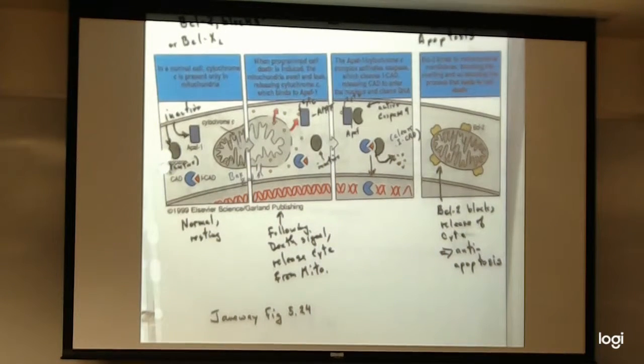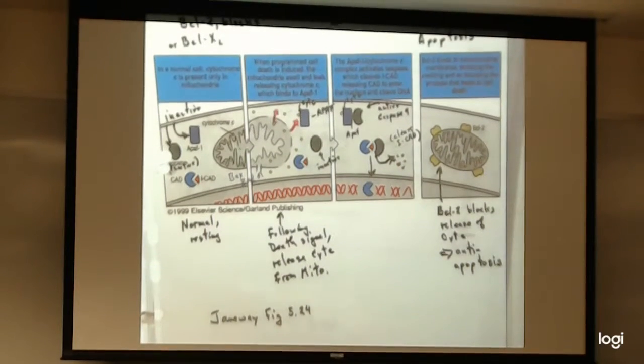Now, there's been a lot of debate whether you could kill it just by the external pathway, or maybe the external pathway acts always in conjunction with the mitochondrial pathway. It's certainly very clear that the mitochondria play a very big role in that.